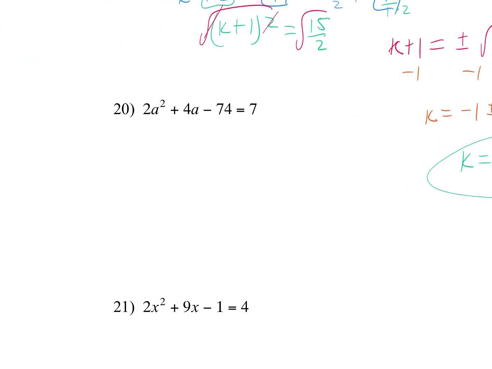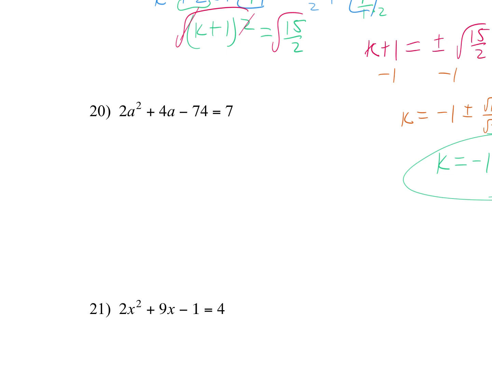All right, and so continuing with number 20, again, same thing. Get your constants to one side, your variables on the other. So let's add 74, and then we get 2a squared plus 4a plus our little box equals 74 plus 7, which is going to get you 81.